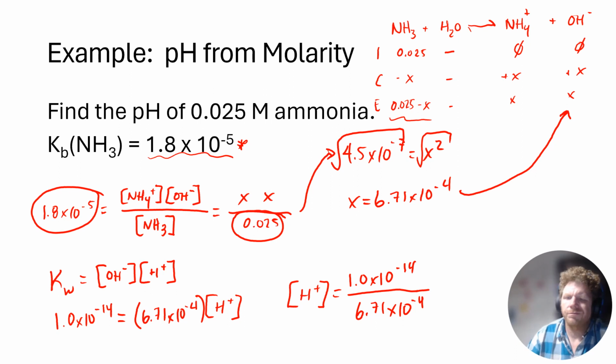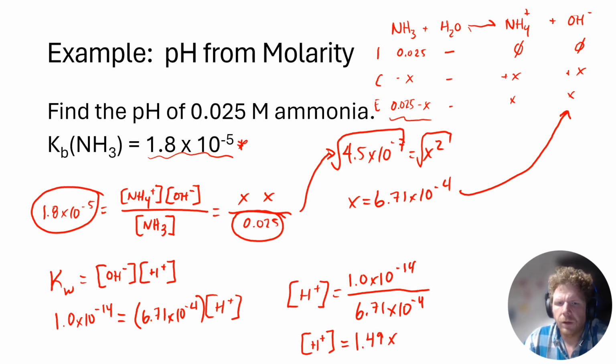So I'll plug that in. 1.0 times 10 to the negative 14 divided by 6.71 times 10 to the negative 4th gives me my hydrogen ion concentration of 1.49 times 10 to the negative 11th.